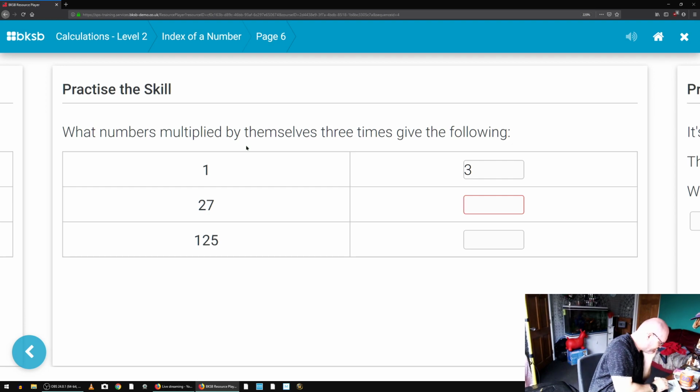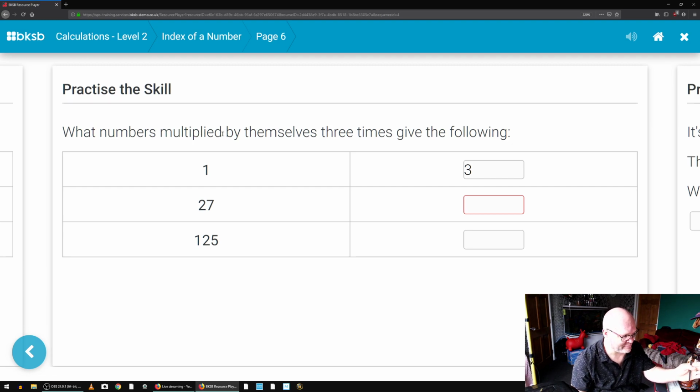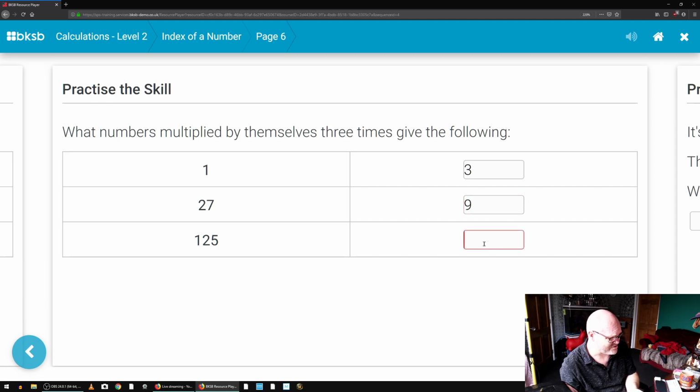Because even on that chart I'm looking at, the only way I can see the number 27 is 3 times 9, or 9 times 3. So it's saying what number multiplied by itself. So you could lose the themselves bit and I'd understand. So what number multiplied by 3 gives the following? Will be 9.